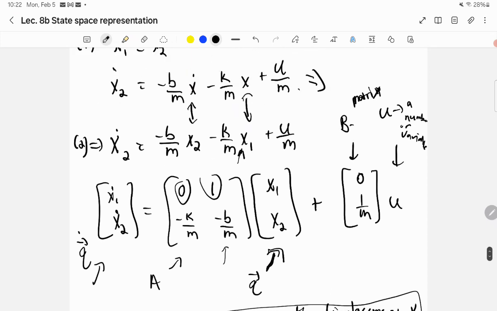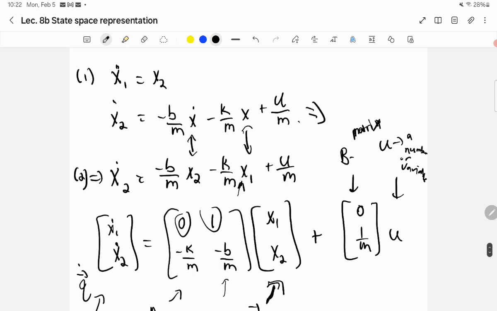And then I only have a single u. So since I only have one input force, this is just going to be a variable. It's just going to be like a single number rather than a vector. So there's going to be no vector here. But notice that I don't have u in my first equation. There's no u there.